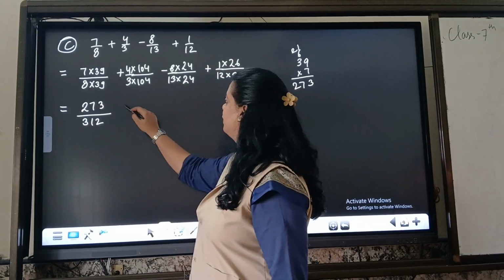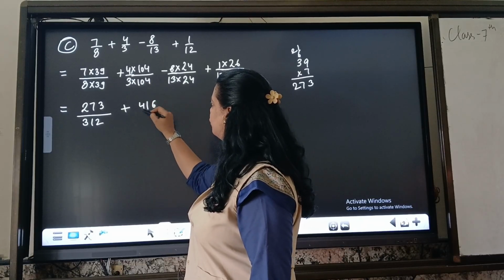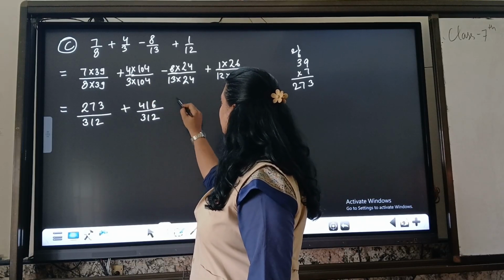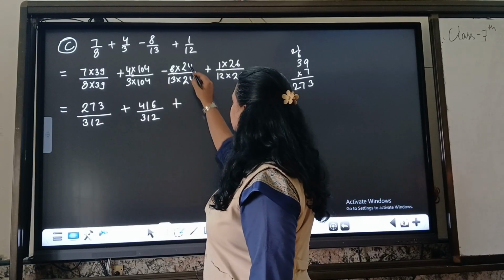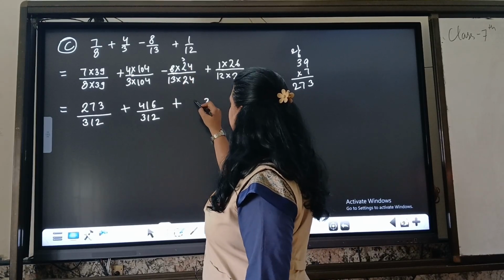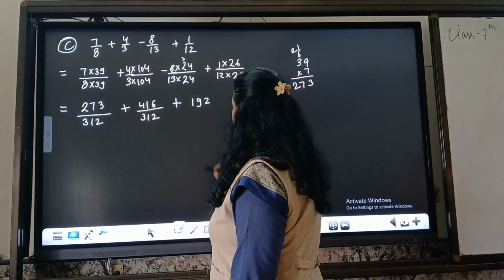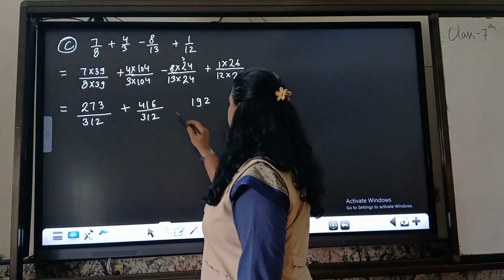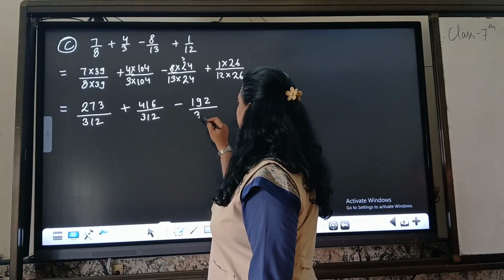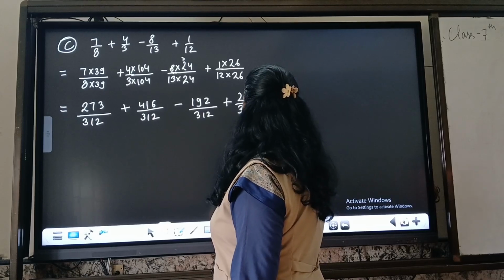Now plus 4 4s are 16, 1 here and 4 1s are 4, it is 416 upon 312. Now 8 3s are 24, 8 4s are 32, 8 2s are 16, 192, but it is with the minus sign. So I will write minus 192 upon 312. Now plus 26 upon 312.